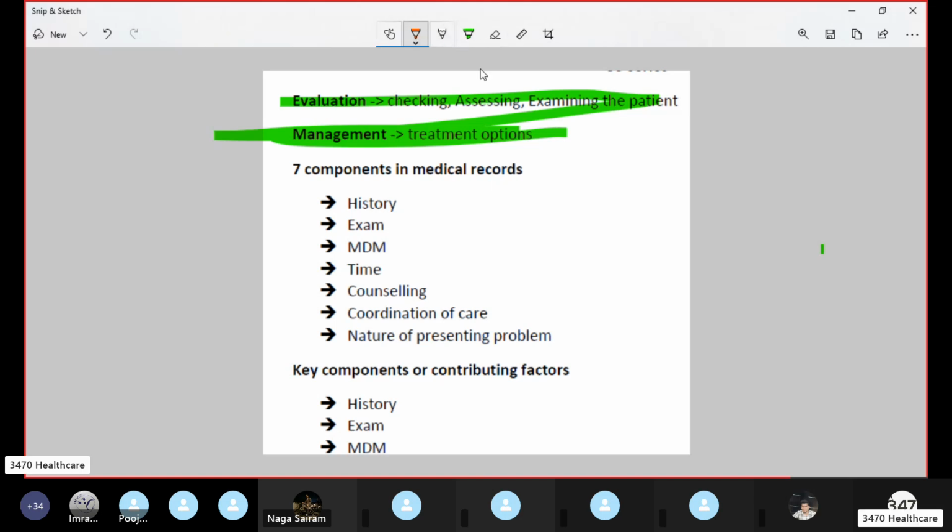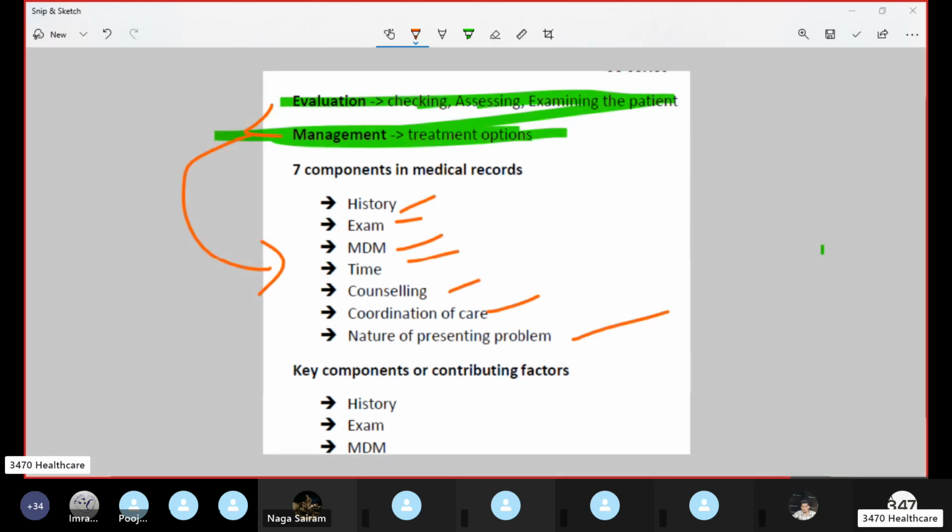So evaluation means checking, assessing or examining the patient. Management means treatment options. That is evaluation and management. In the starting period, I said when a provider sees any patient, in every patient's medical record they have to document history, exam, MDM, time, counseling, coordination of care, nature of presenting problem.